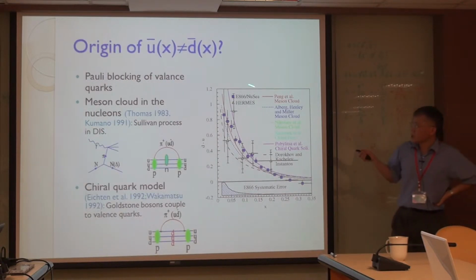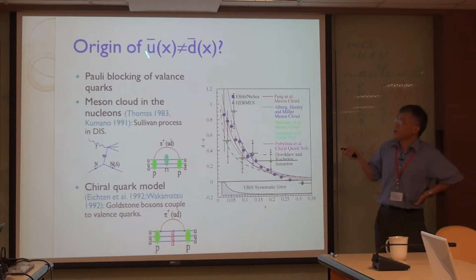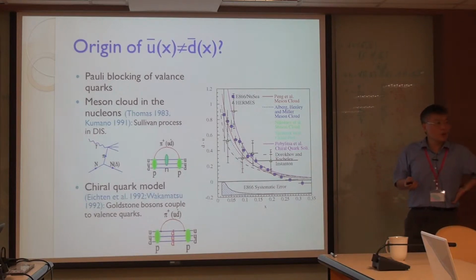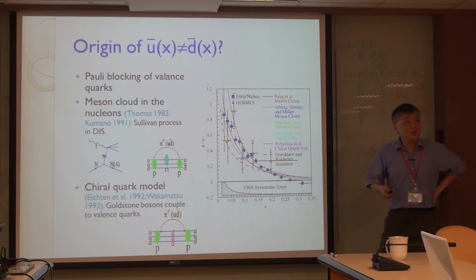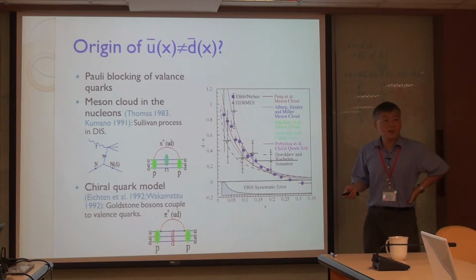So of course, there are various physics models for how U bar could be different from D bar. The first thinking actually comes from Feynman. He considered a Pauli blocking effect.